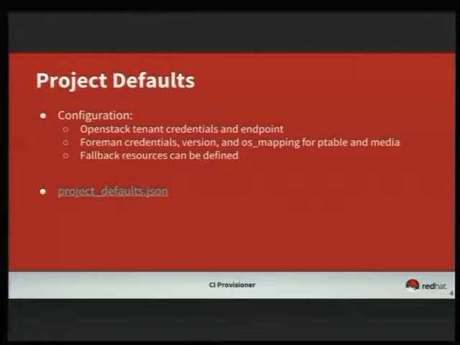And you can also have general fallback resources, which I'll talk about in the topology files. The fallback resources is just like if you do not define anything in the topology, it'll be picked up in the fallback of the project defaults. And I can show you.